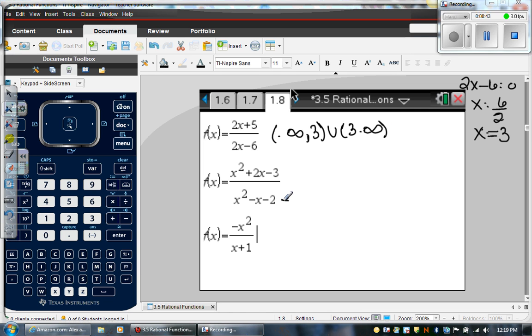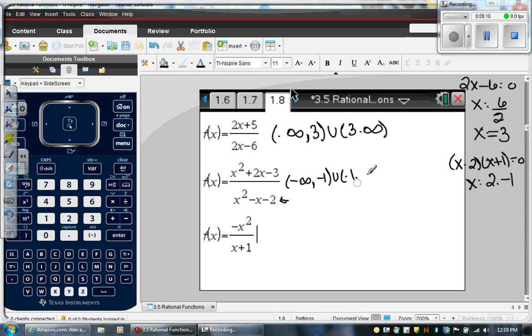Same thing for this next one. We already factored this, right? We know how this factors. x minus 2, x plus 1. So we know that x can't be 2 or negative 1. All right, so negative infinity to negative 1. And we always go smallest to largest.